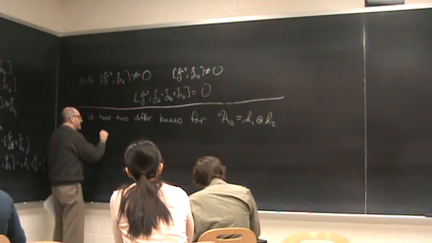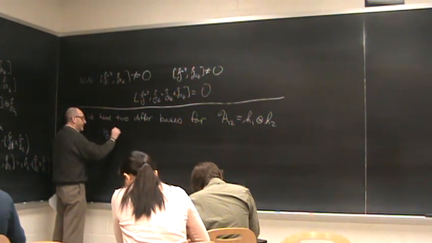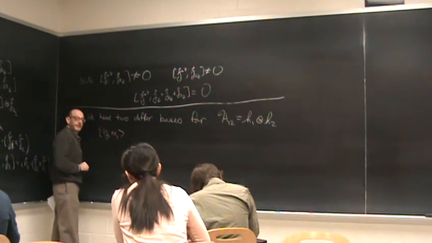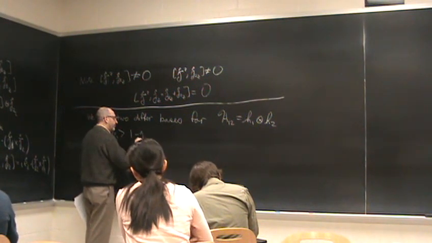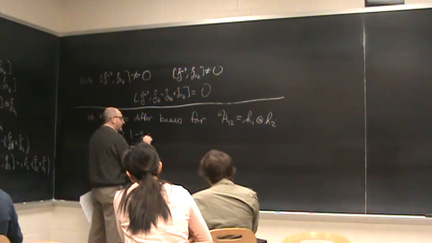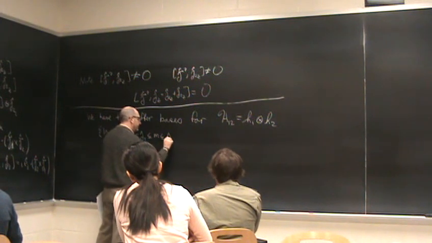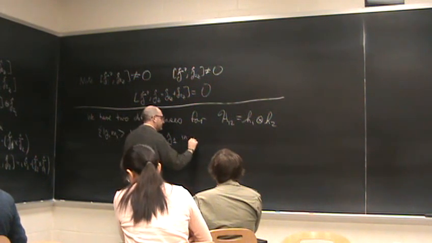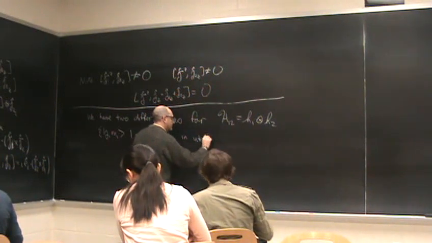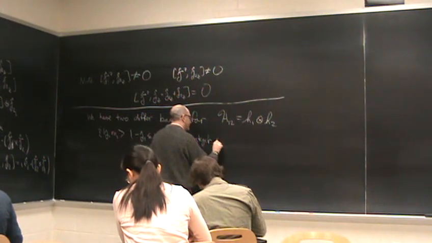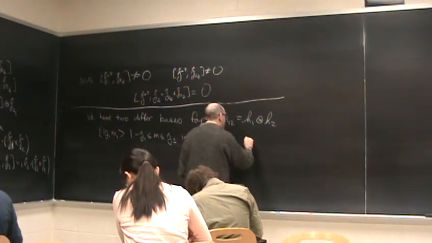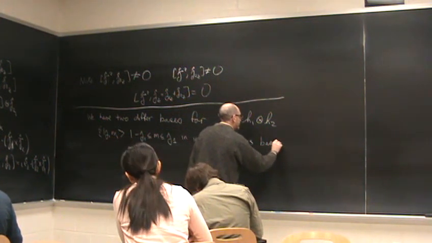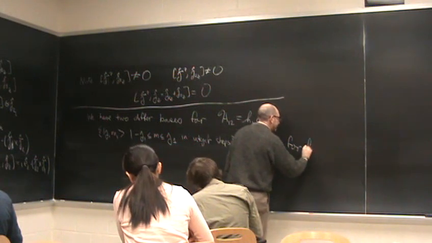So we know that the set of J1, M1, where M1 goes from minus J1 to plus J1 in integer steps, is a basis for H1, right?